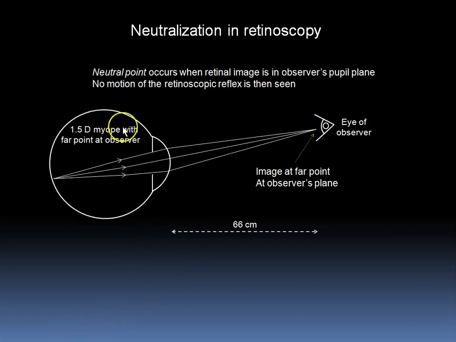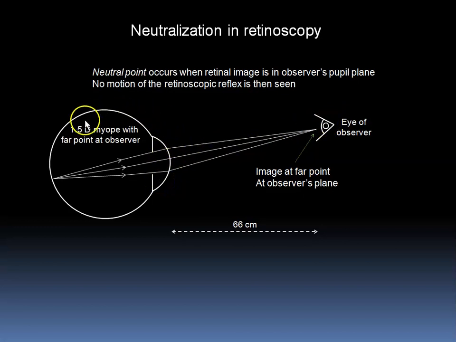If this patient were an emmetrope, the retina would be conjugate with infinity and non-vergent rays would be coming out of the eye. We can therefore put a 1.5 diopter lens in front of this emmetrope and create this situation.